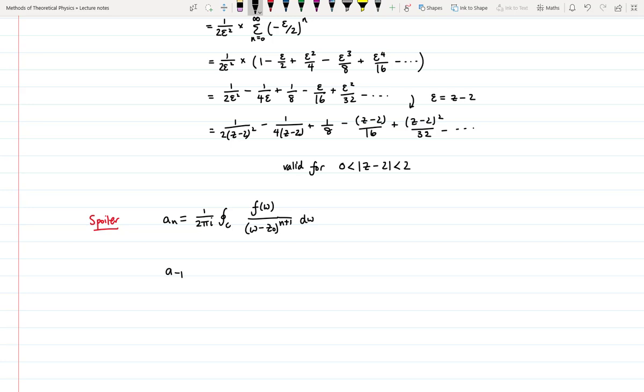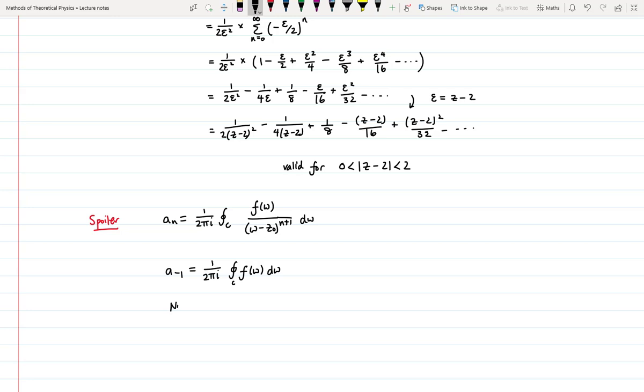It's easy to see that the coefficient for n equals minus 1, well, the denominator becomes unity. This is simply the integral around a closed contour C of the function f, and this is a contour integral that may enclose singularities of our complex function.